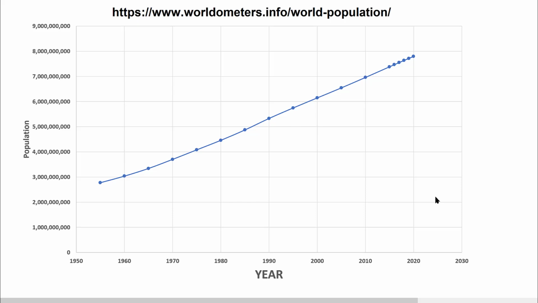Now we are going through a very simple technique of going from basic data to a graph and reading a graph. Say, for example, we are given this chart that shows the growth of the world population from the year about 1955 through 2020.